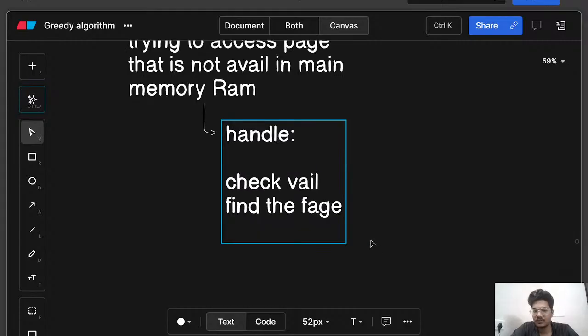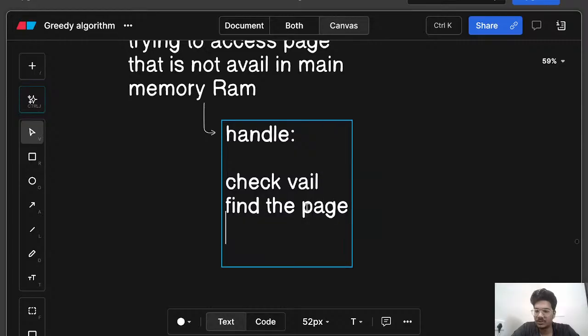After that, choose the frame. The OS selects a free space, or uses a page replacement algorithm if RAM is full.